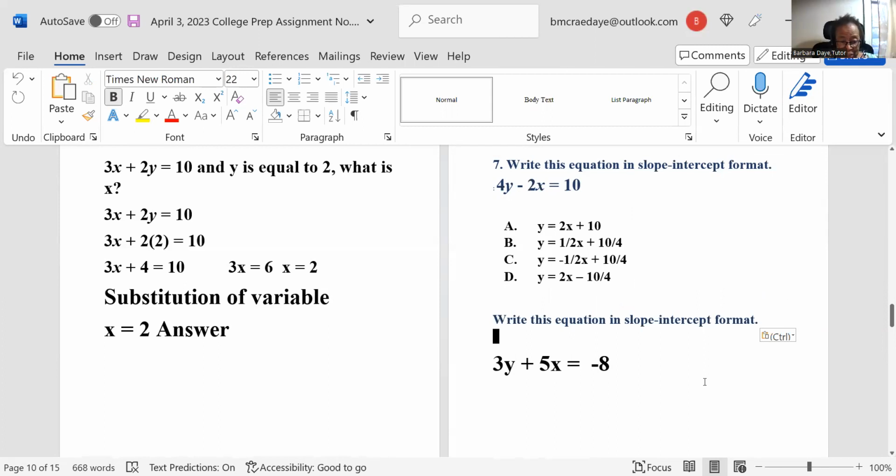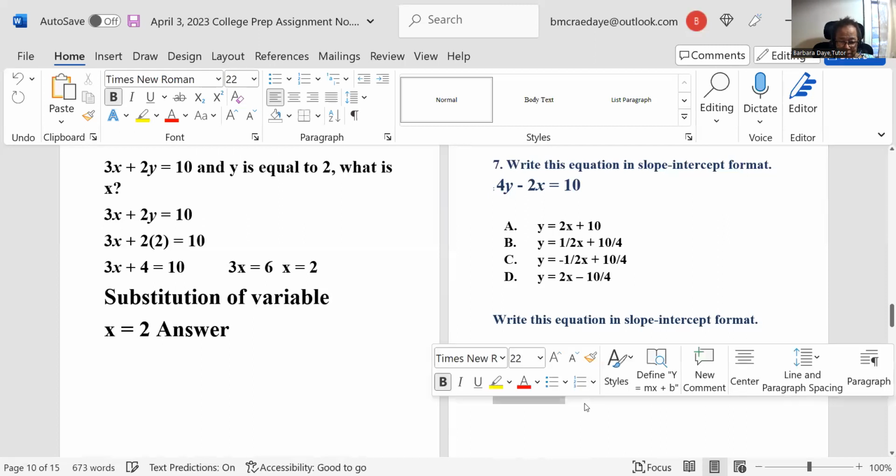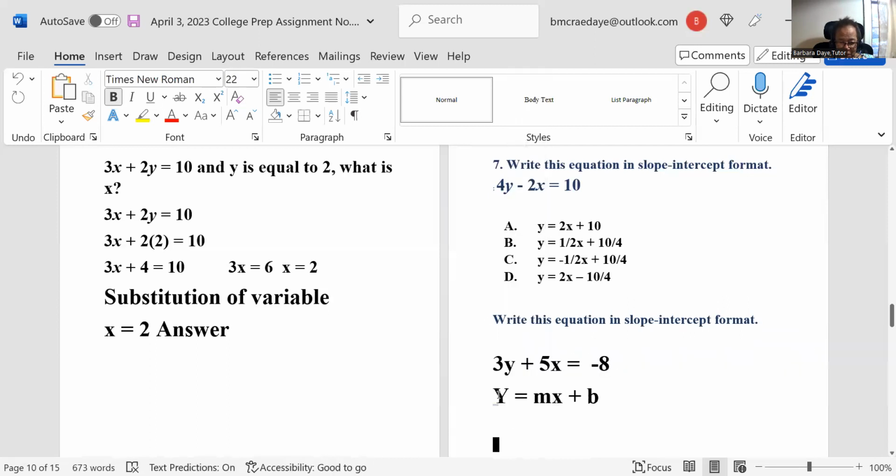So when you finish, what would the equation look like? Let me just write here what it's going to look like. Y equal mx plus b, where m is the slope and b is the y-intercept. So when you get your equation in the right format, this is the format it will look.